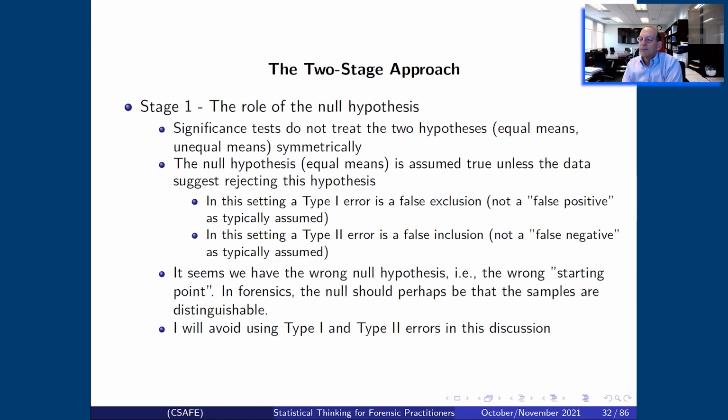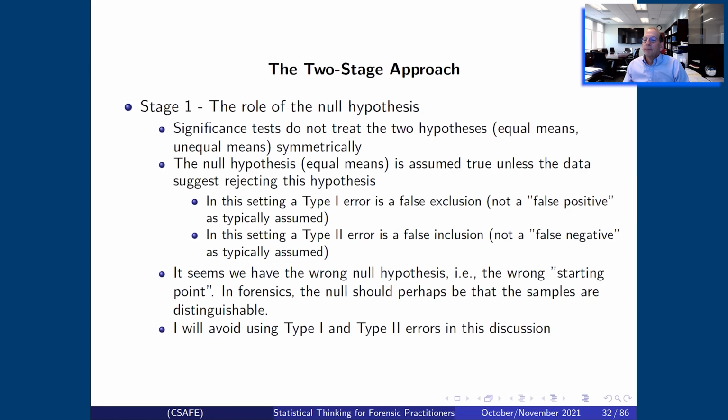Some people, and we said this in an earlier session, think of a type 1 error as a false positive, but that's not true here because it would not be a positive statement to say that these 2 samples don't match when they should have. That's not a positive outcome for society to let someone go.